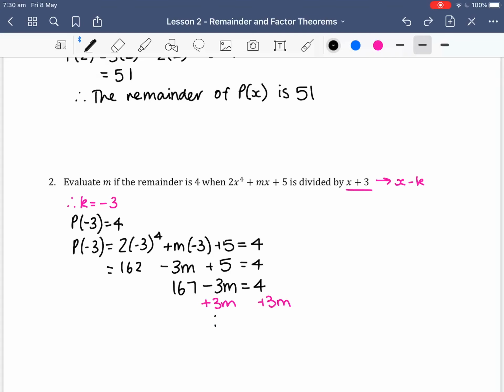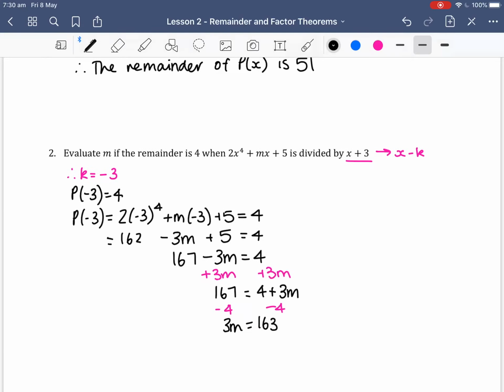So we'll have 167 equals 4 plus 3m. Minus 4 from both sides, so we have 3m equals 163. We then want to divide both sides by 3.